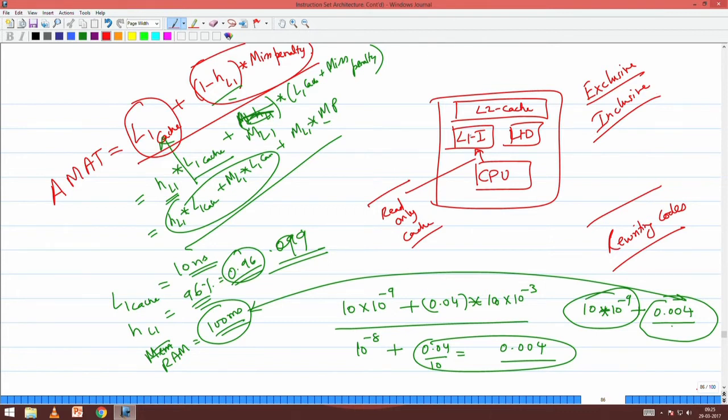Whatever I store in L1 will not be there in L2. If there is a location 1000 in the RAM and I am bringing it, this 1000 will first be fetched to L2. Then, say it is an instruction, it will be fetched to L1i. When it is fetched to L1i, it is removed from L2.